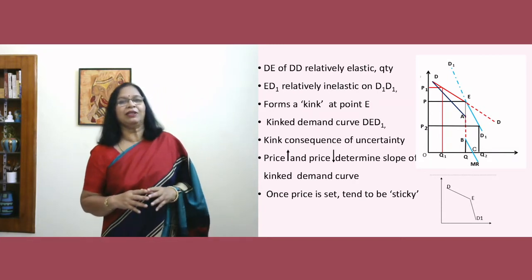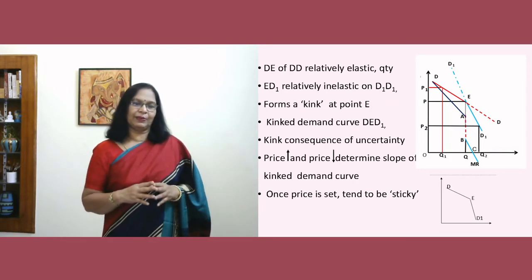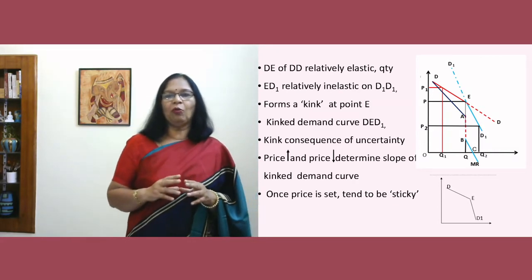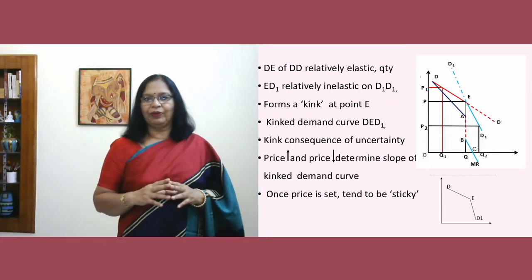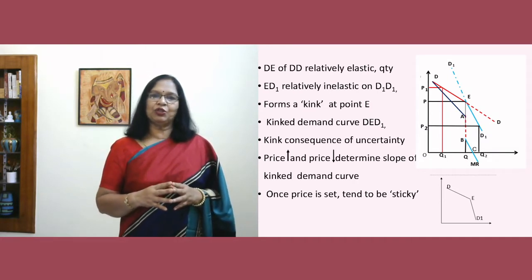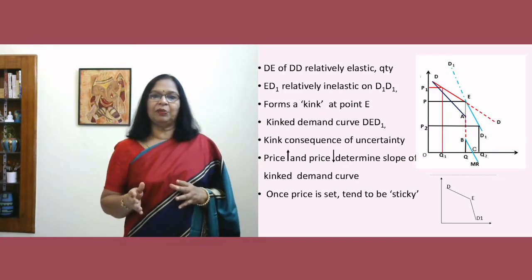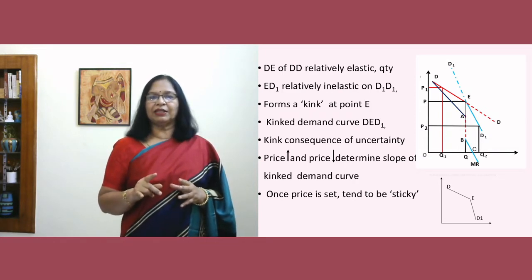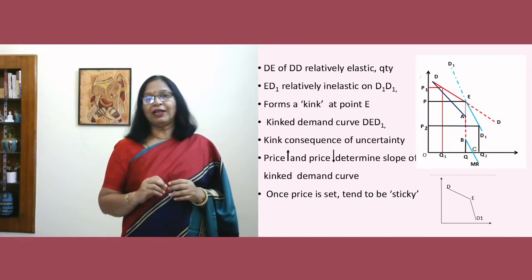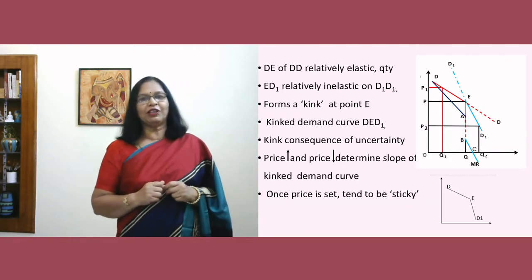Now, let's take the first stage. In the first stage, the firm raises the price from OP to OP1. It is quite obvious what will happen with the price being raised to OP1. The DE segment is a relatively elastic demand, and when the price is raised to OP1, the firm loses a lot of customers.